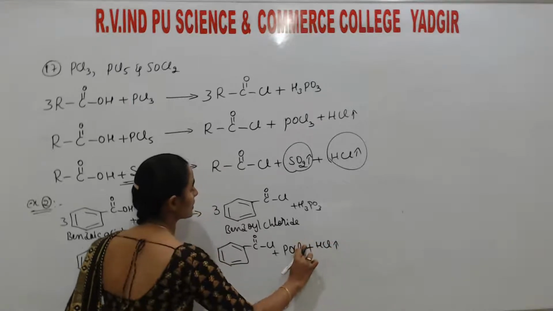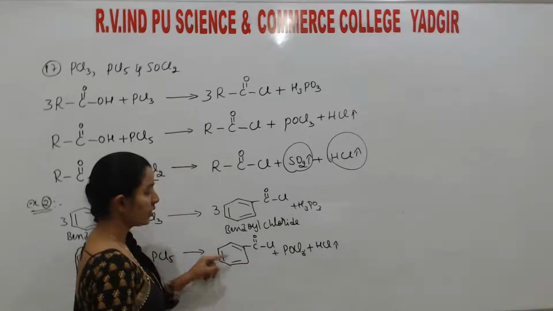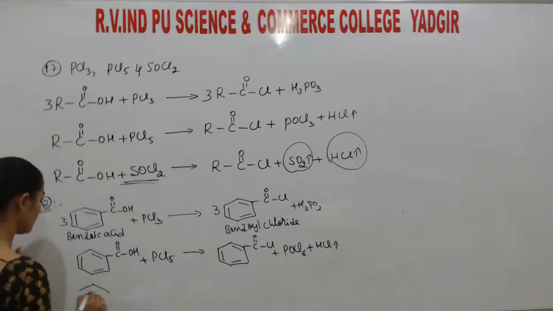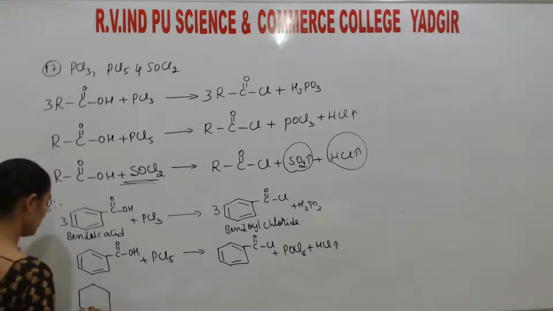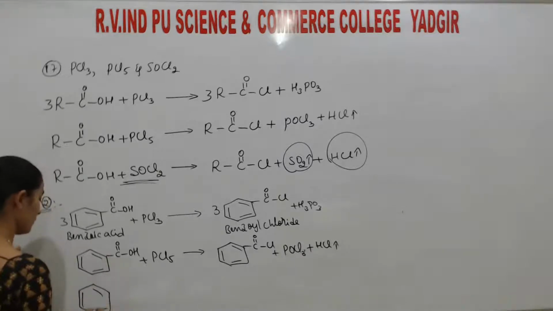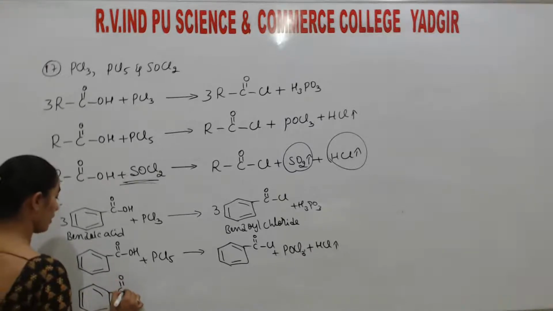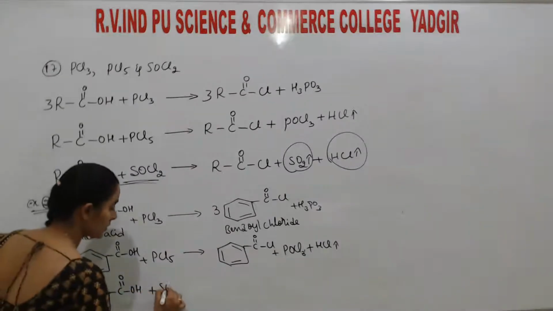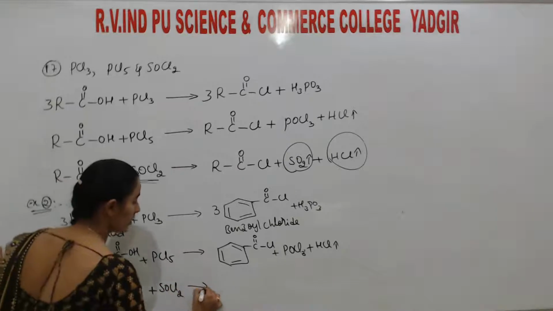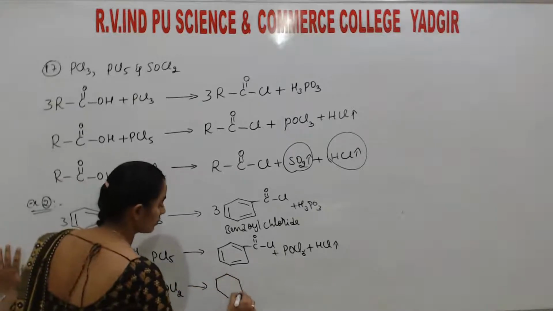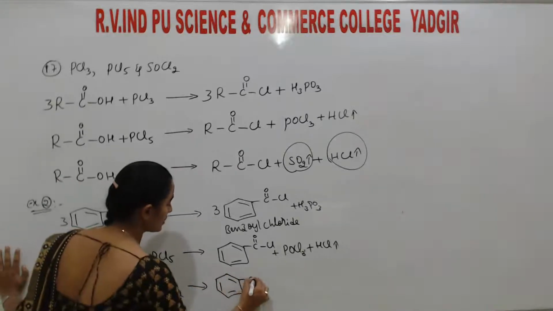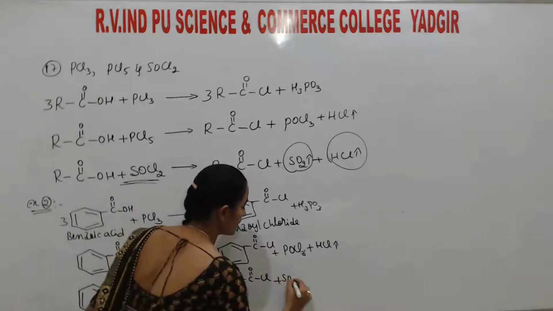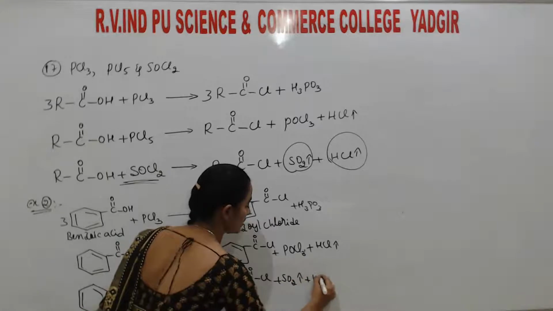Byproducts are always the same; the only thing that changes here is the R group. Next, third one. Benzoic acid plus SOCl2, which is thionyl chloride, gives benzoyl chloride plus SO2 plus HCl.